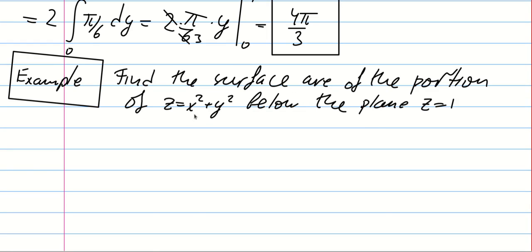Alright, so this function is a paraboloid. No matter how you cut it, you're going to get a parabola. We plotted it before with wxMaxima, so in any direction we have a parabola. And z equals 1 is a plane.